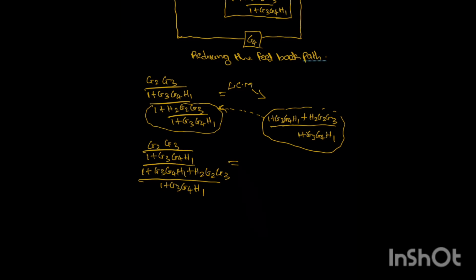So taking the reciprocal of this now, we'll be having G2, G3 all over 1 plus G3, G4, H1 times 1 plus G3, G4, H1 plus H2, G2, G3.